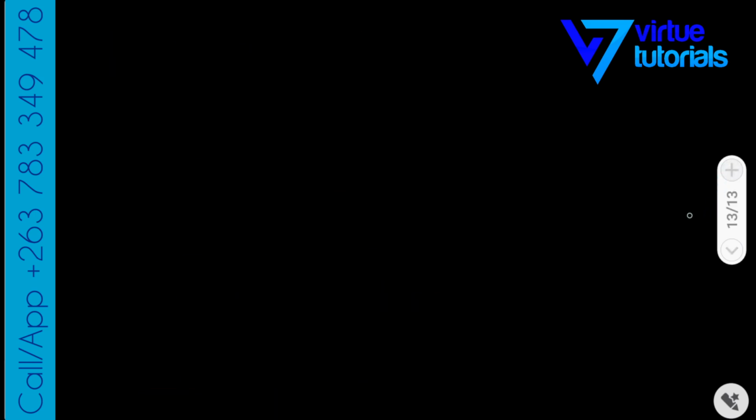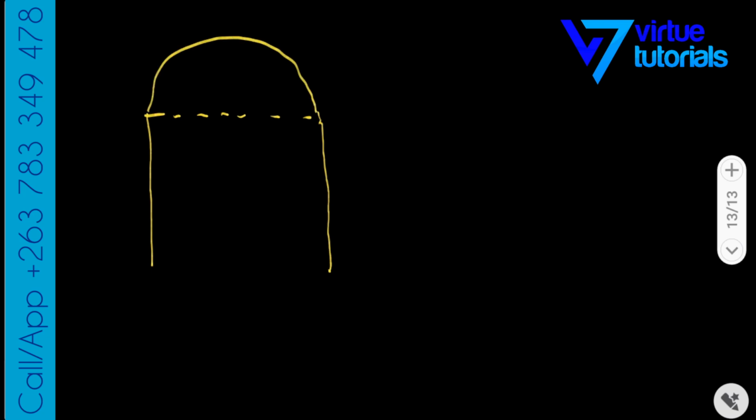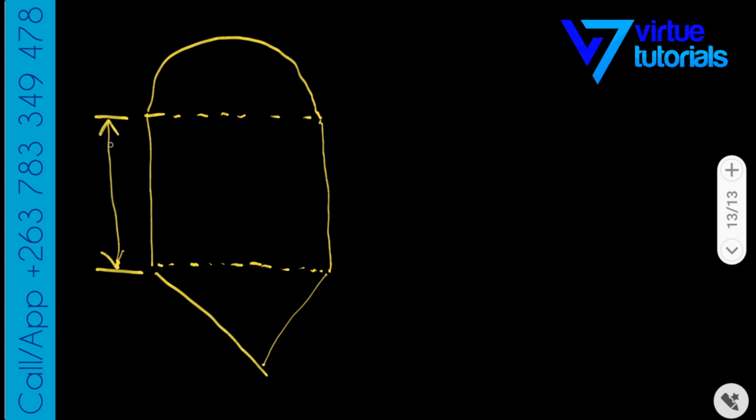So let's just try an example of some of these compound shapes. So let's say I've got something like this. And perhaps this is from there to there, that's 8 centimeters.